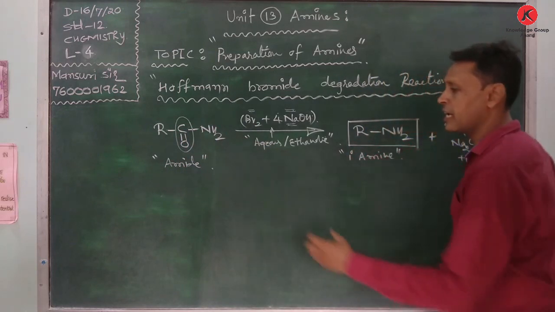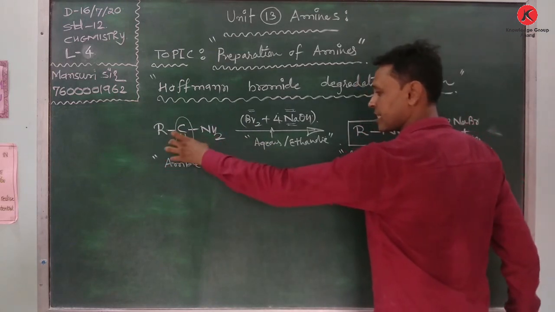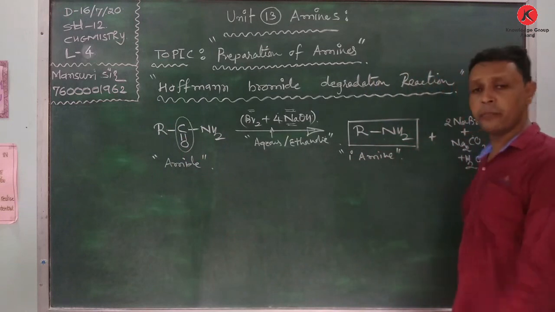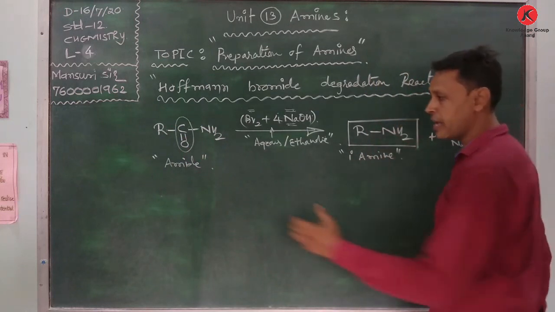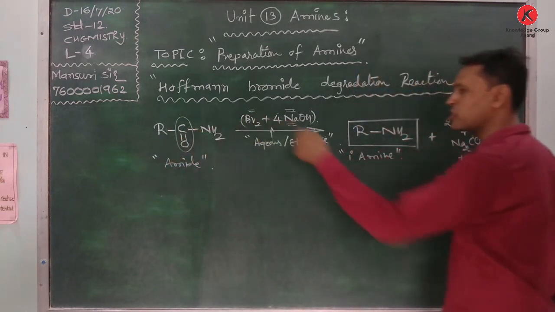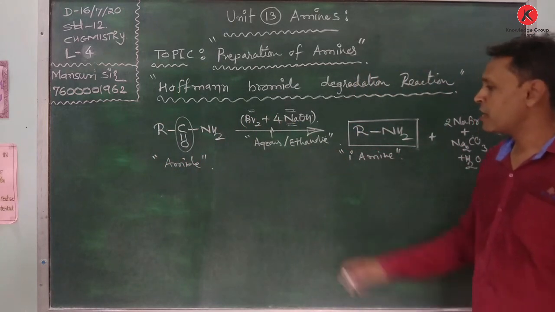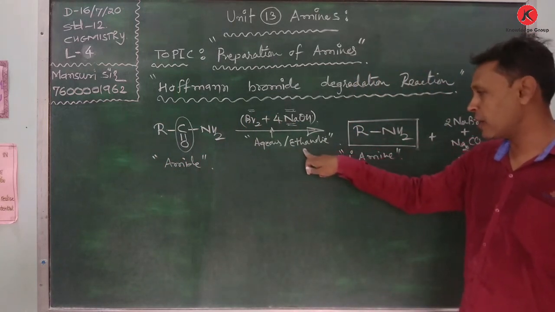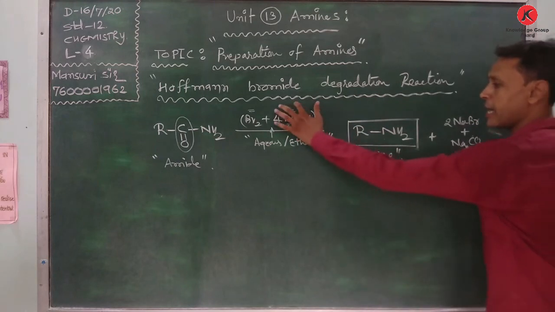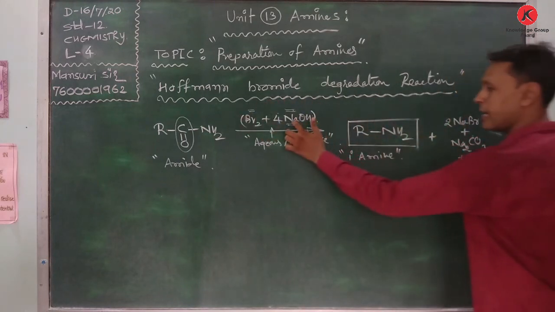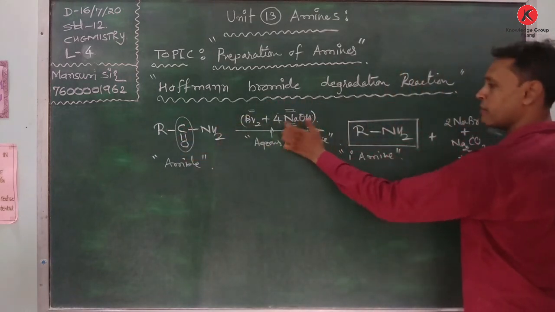Now we can say that an amide compound, whether aliphatic or aromatic, reacts with the mixture of bromine and NaOH, which should be aqueous or ethanolic. Then NaBr is formed, Na2CO3 is formed, and water is formed.